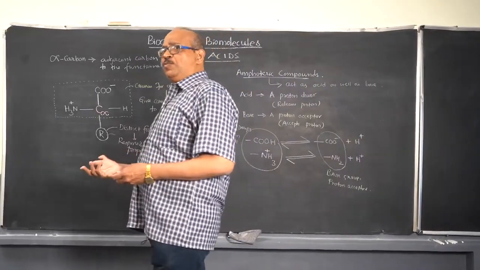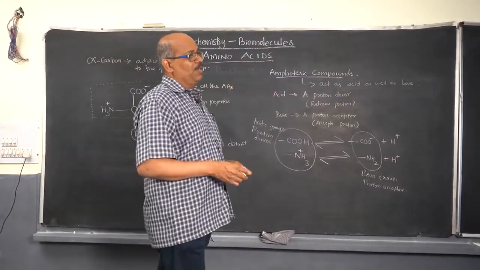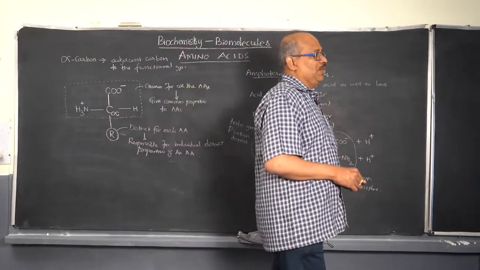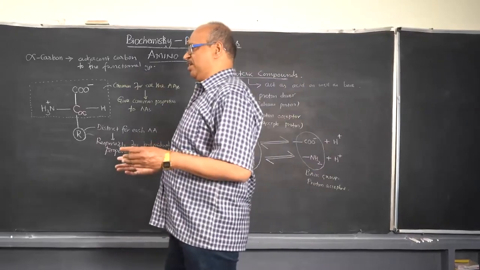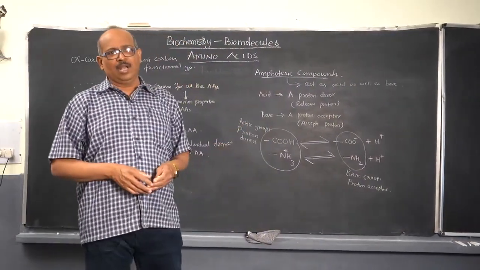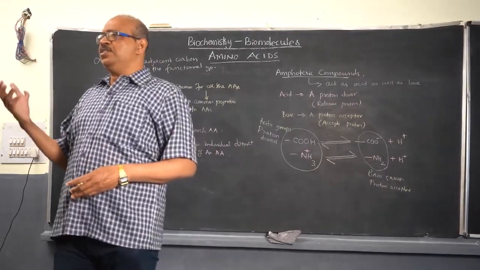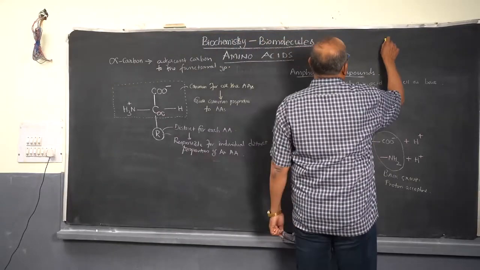When you take the basic groups, you have COO minus group and NH2 group. Now at any given time, any given condition, whether a group exists in the acid form or in the basic form depends on the pH of the solution.